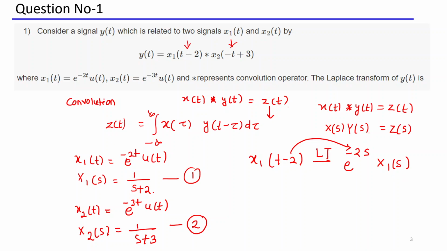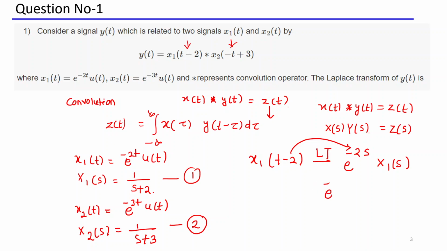You have to remember all the properties of the Laplace transformation when a signal is time shifted. Here 2 is a delay of 2 units. If it were x1(t plus 2), then the Laplace transformation would be e to the power 2s x1(s). But here x1(t minus 2) is given in the question, so the Laplace transformation will be e to the power minus 2s into x1(s).